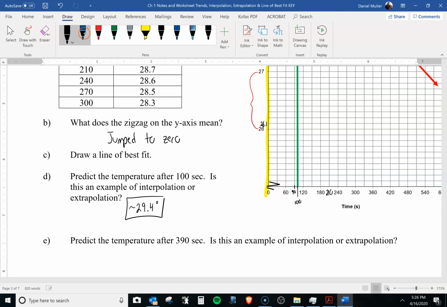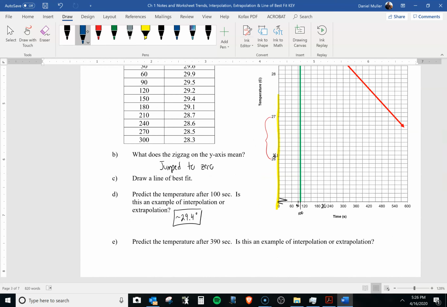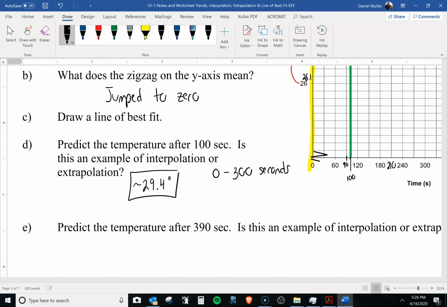And then it wants to know, is it interpolation or extrapolation? So if we started from 0 to 300 seconds, that's what we're looking at. If you find something in between, like I did, we found 100. 100 is in between.